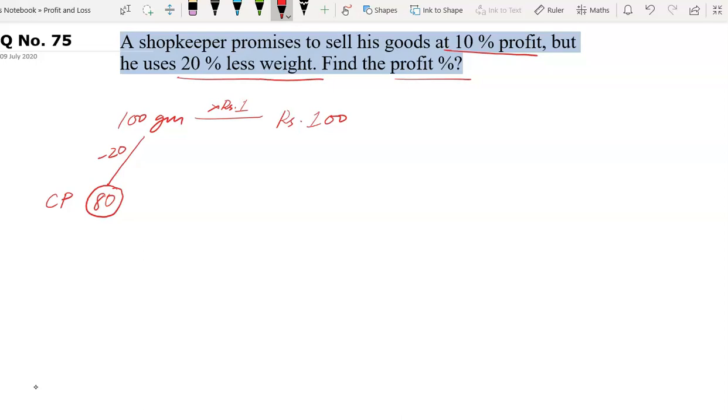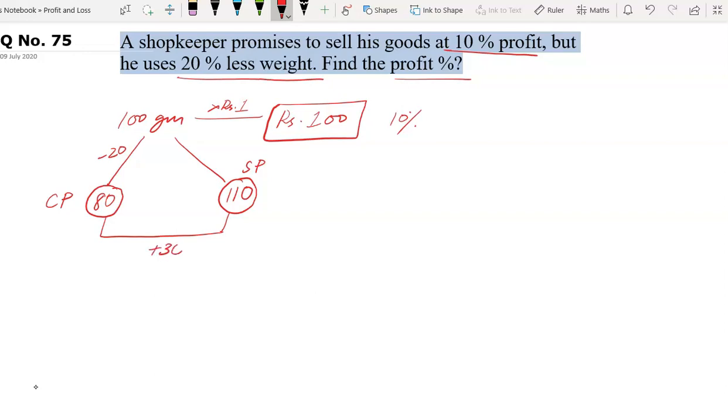Now he sells his goods at 10% profit. Now his actual CP is 100 rupees. Now 10% profit, that means 100 plus 10. So 100 plus 10 will give us 110. So his selling price is how much? 110. Now if we need to calculate the profit, we will subtract CP from SP. So 110 minus 80 will give us 30 units.